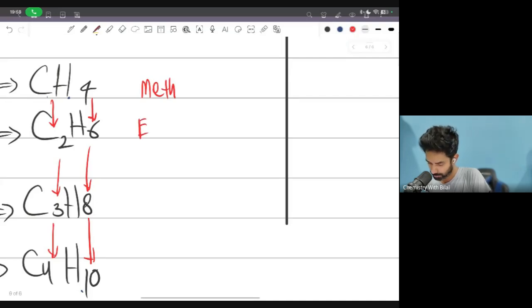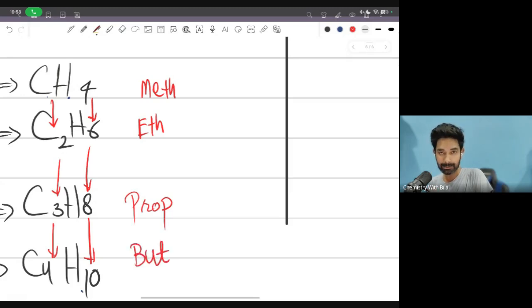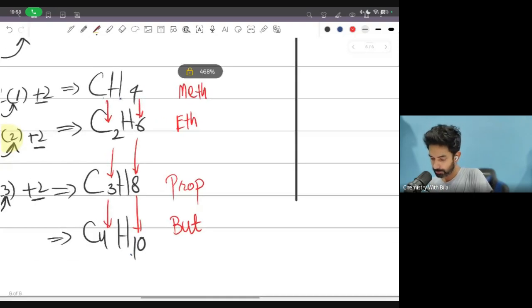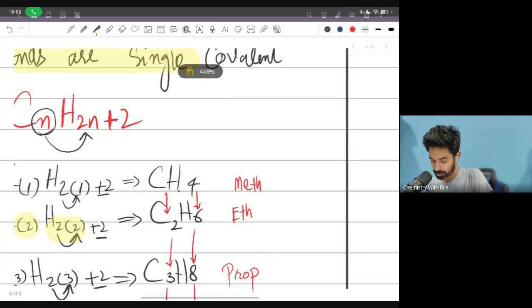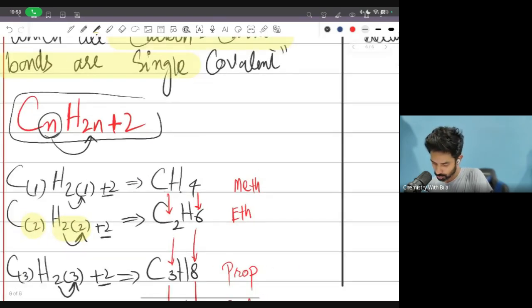Whenever there are 2 carbons, it starts with eth, no matter how many hydrogens there are. 1 carbon is meth, 2 is eth, 3 is prop, and 4 is but. Meth, eth, prop, but. So if they belong to the alkane family, how do we know? Because they follow this general formula, which shows that the hydrogens must be 2 more than double.